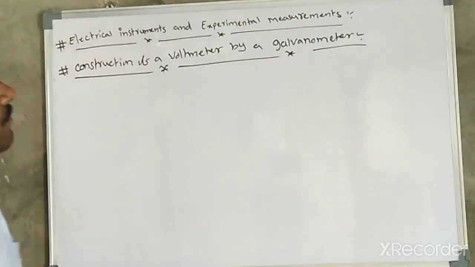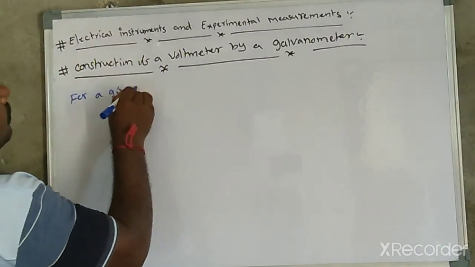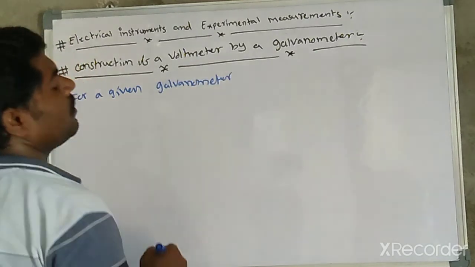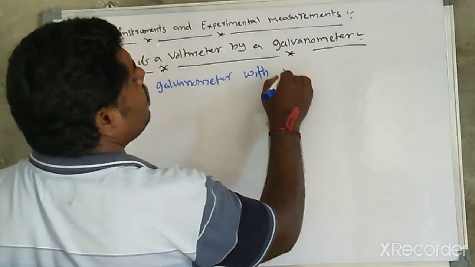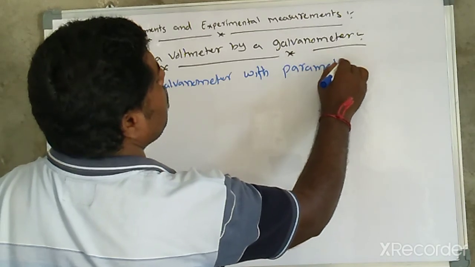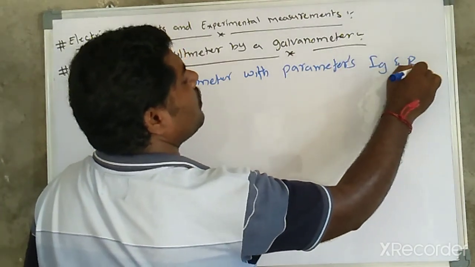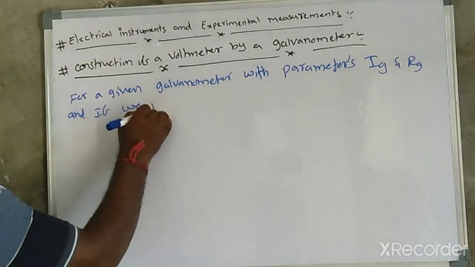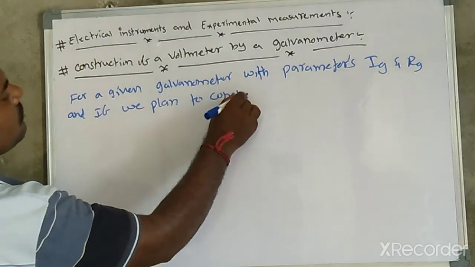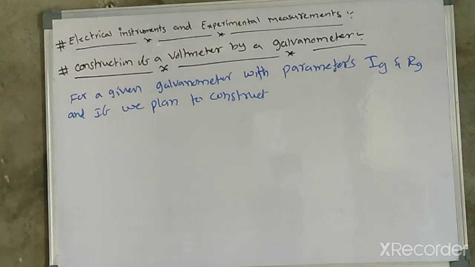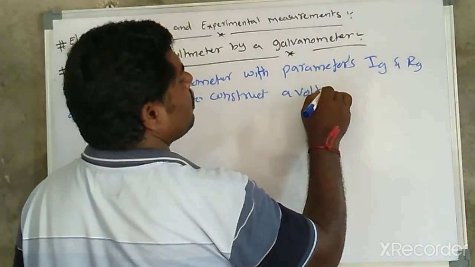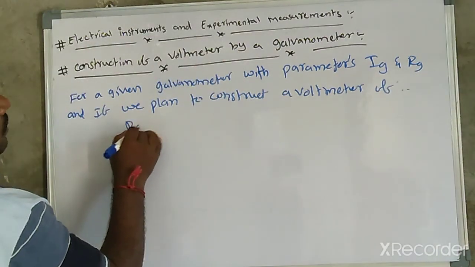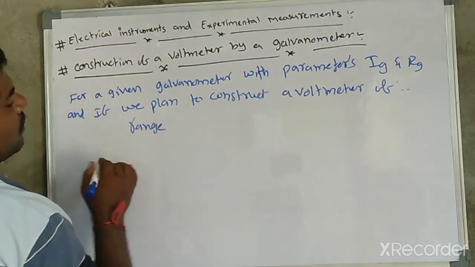For a given galvanometer with parameters Ig and Rg, if we plan to construct a voltmeter of range VA.